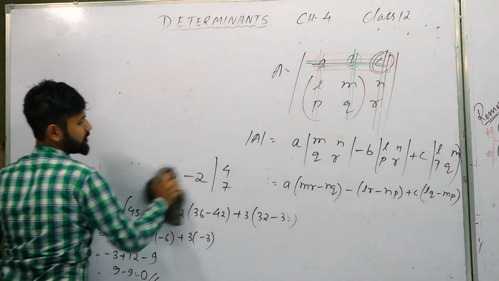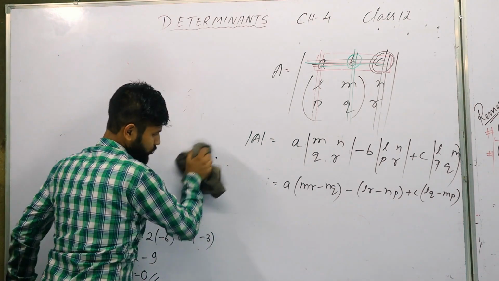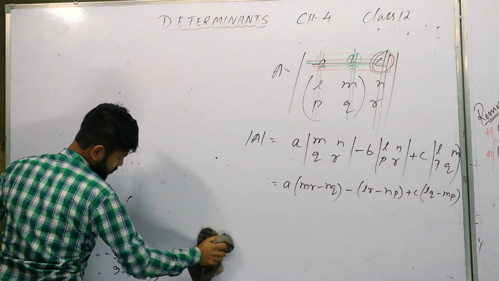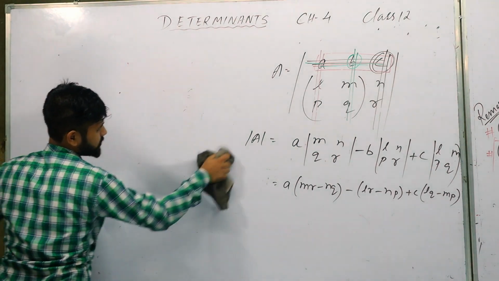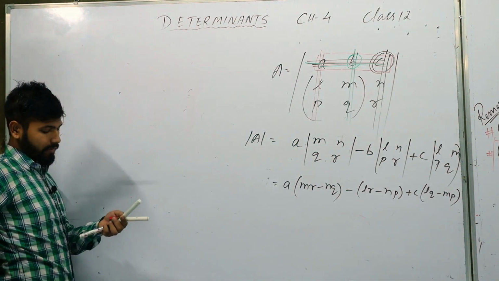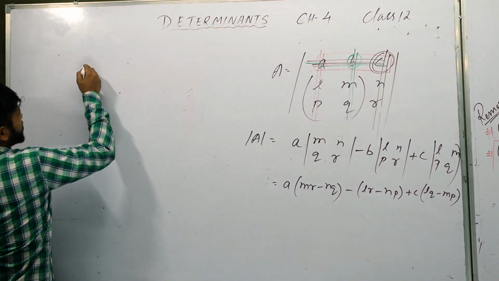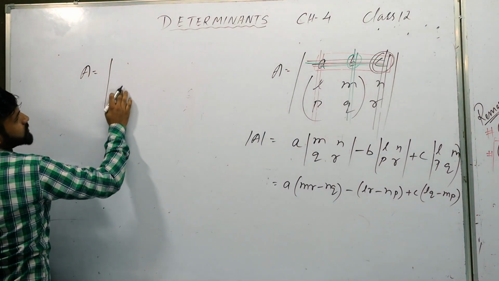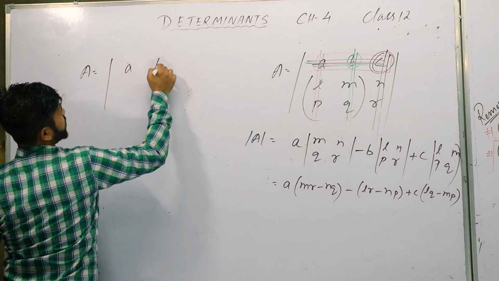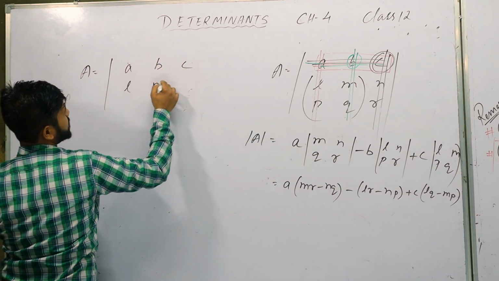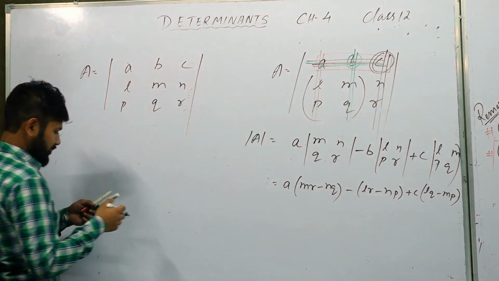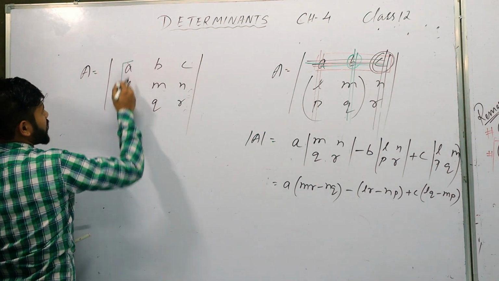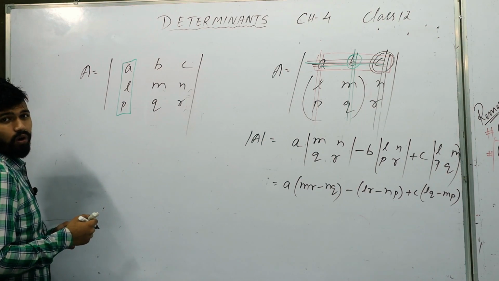I will explain with the same example so that you can understand better. Here the example is A, and the elements are as follows: A, B, C, L, M, N, P, Q, R. Now you're saying, sir, I want to expand through the first row or first column.